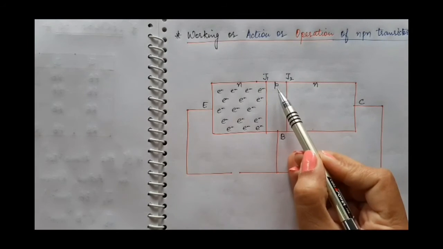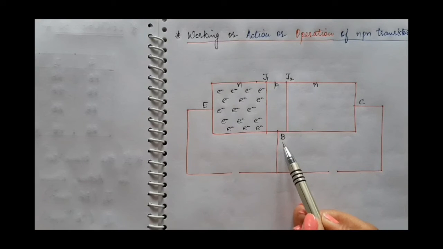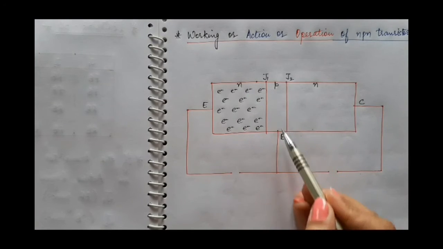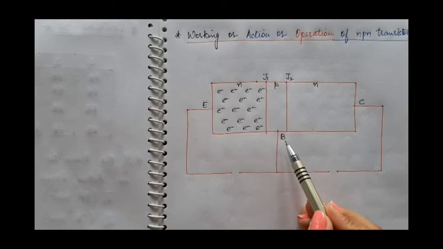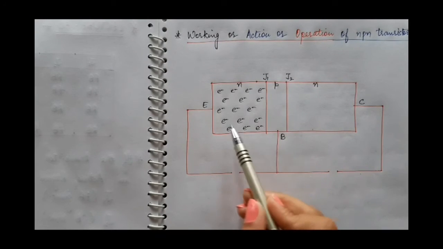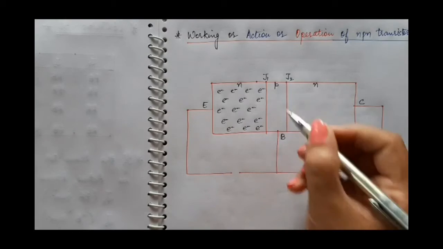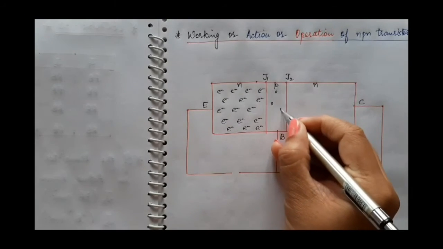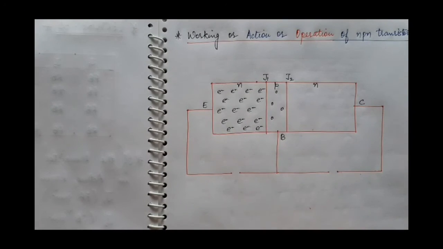And this P-type is the base, and we know that it is lightly doped. Lightly doped means holes will be the majority carriers in the base, but as it is lightly doped as compared to the emitter, the number of majority carrier holes will be very small as compared to the heavily doped emitter. So the holes are there as majority carriers, but as the base is lightly doped, these holes will be small in number.